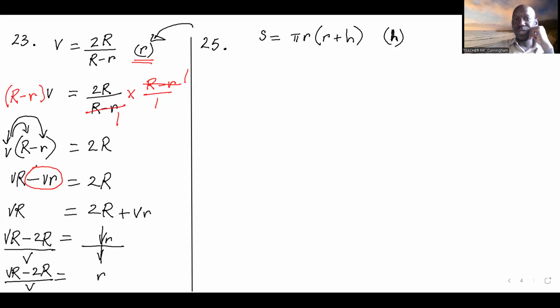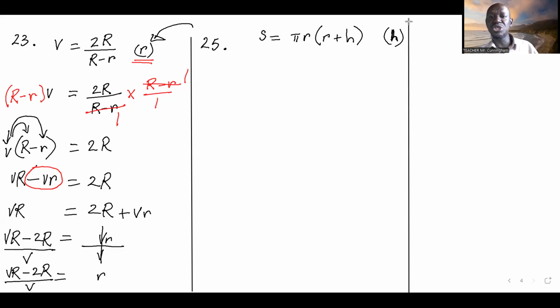Right, you could do that. I would not have done that, but you can do that. Nothing wrong with doing that. Wait, no, so subtract pi r on both sides? The first thing you should do is remove your brackets. That's the first thing. But what you just said is also right.